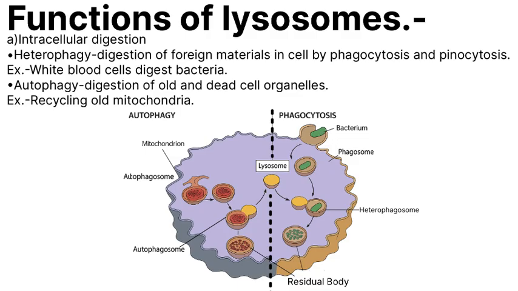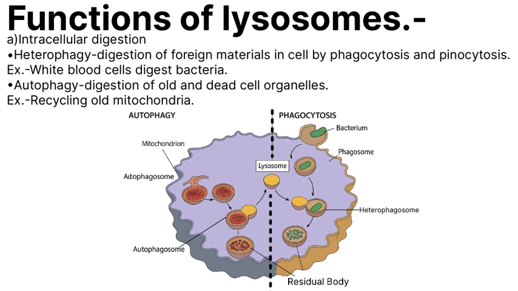You may have heard their names before. They actually engulf bacteria by phagocytosis, and then the lysosome digests them inside it. The main purpose of all this is defense, to destroy all these pathogens if there are any, and nutrition is one of their functions, for the digestion of ingested foods.